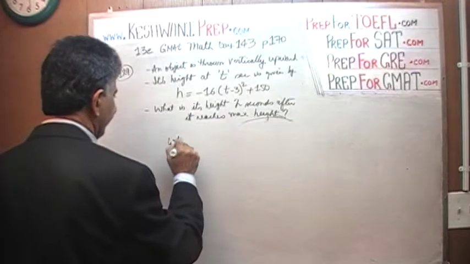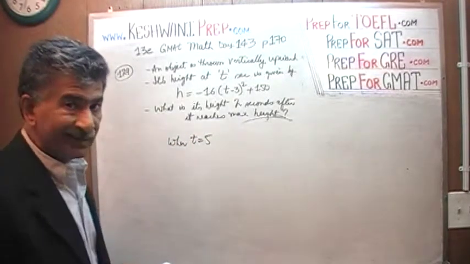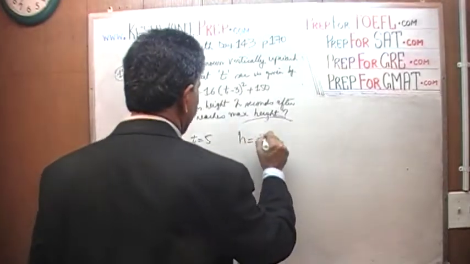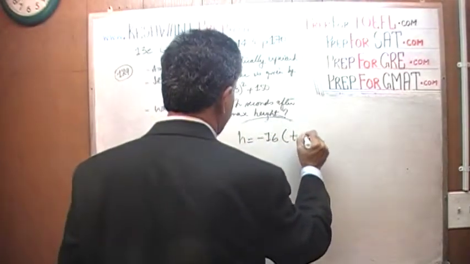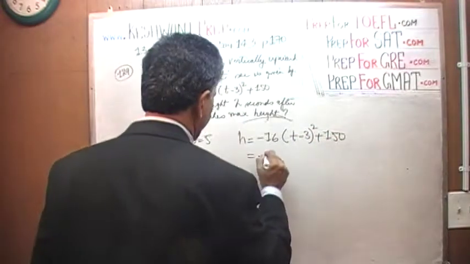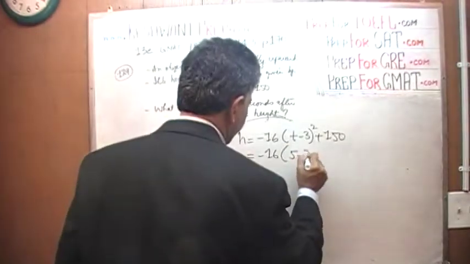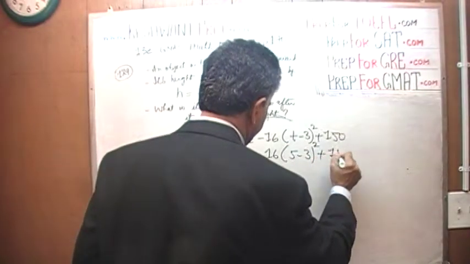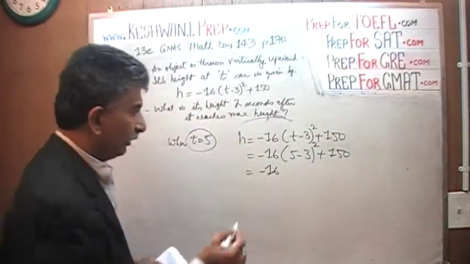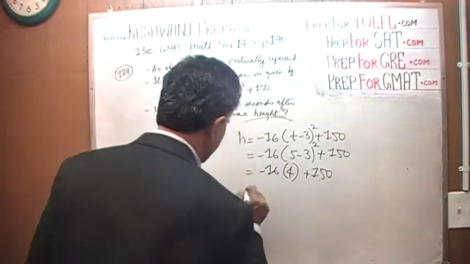So when t is equal to 5, which is 2 seconds after it reaches maximum height, h will equal negative 16 times (t minus 3) squared plus 150. That is negative 16 times (5 minus 3) squared plus 150. 5 minus 3 is 2, and 2 squared is 4, so it's very simple.